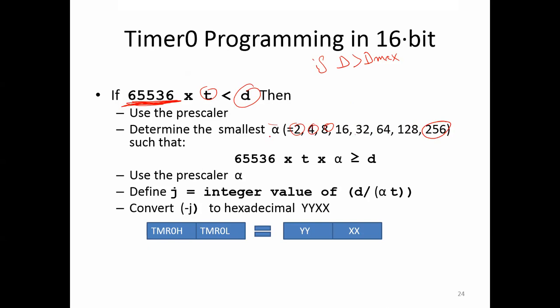Here we have to find the smallest value of alpha, okay? So what do you want to find? You have to multiply this delay by a factor alpha, so that our delay will be greater than the delay max. So how to find this alpha, Shabab?